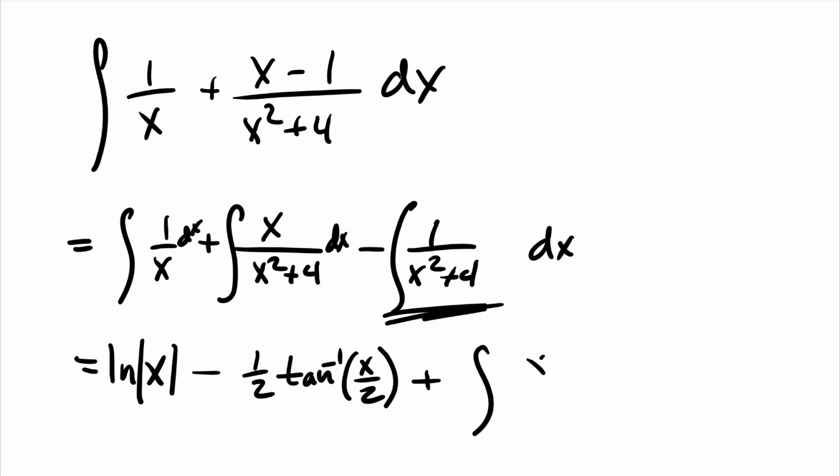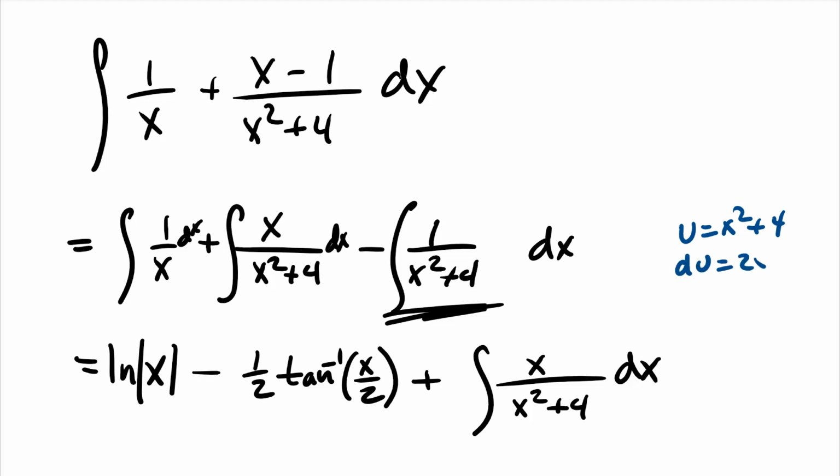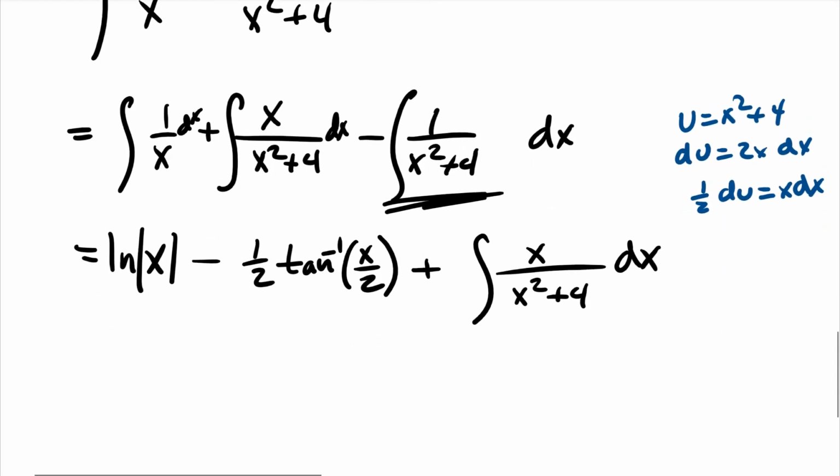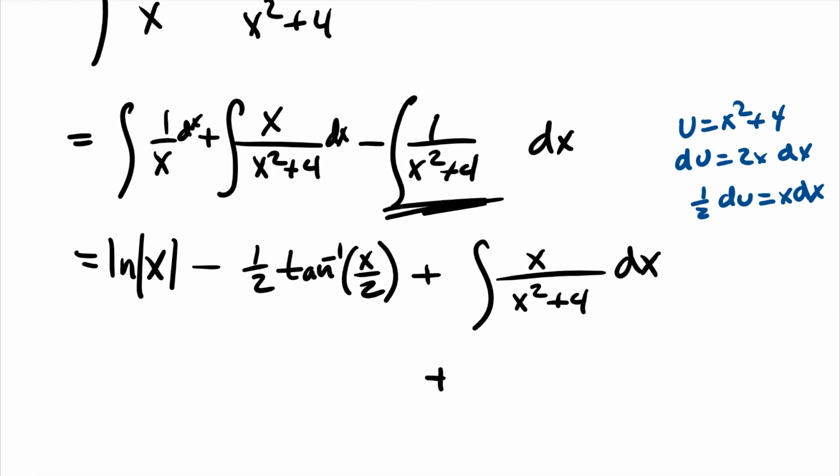Now we can deal with that center integral, where we need to do u sub. So u is equal to x squared plus 4. du is equal to 2x dx. So we get 1/2 du is equal to x dx. Now we can go through and solve. So this is the integral of 1 over u for our x squared plus 4, and then instead of x dx, we're going to get 1/2 du.